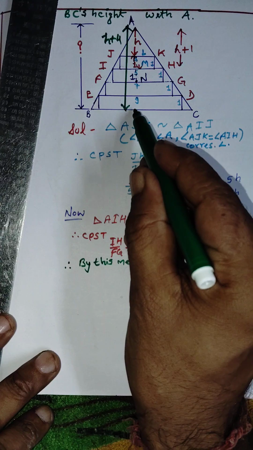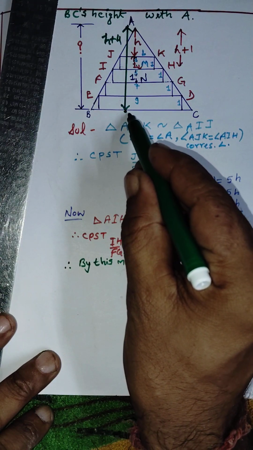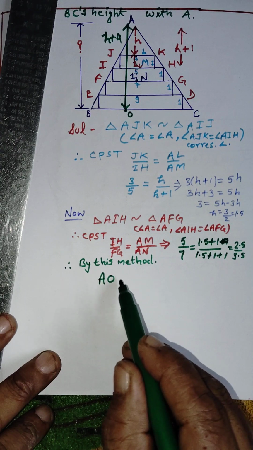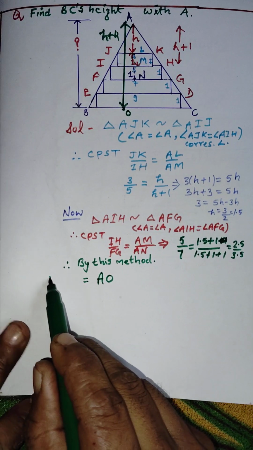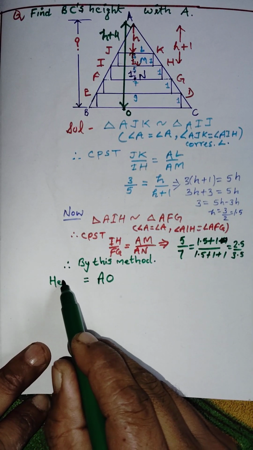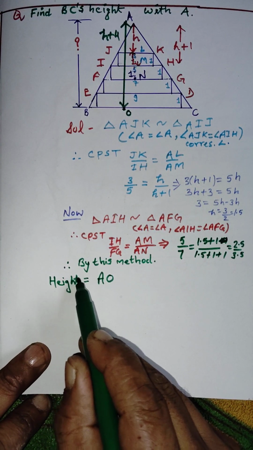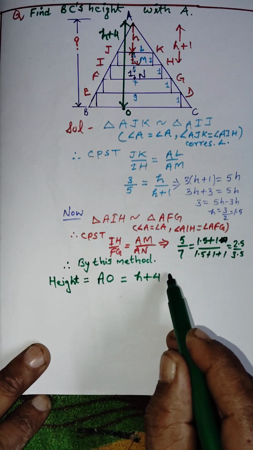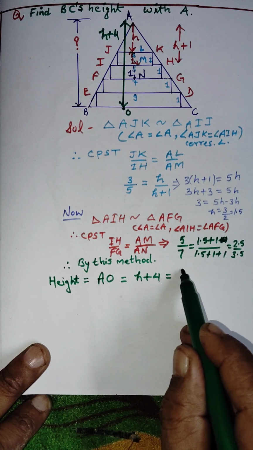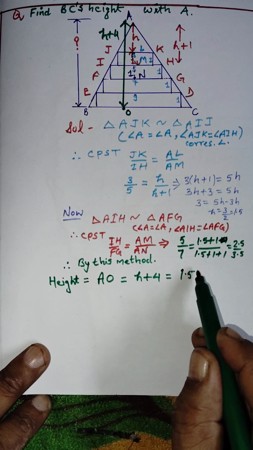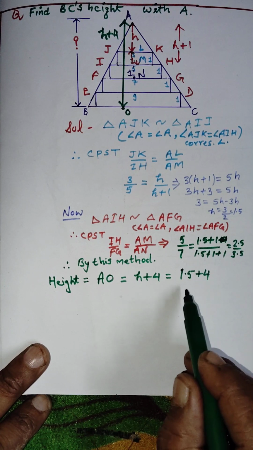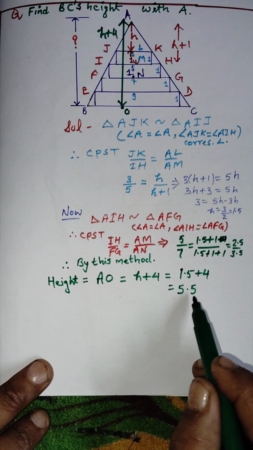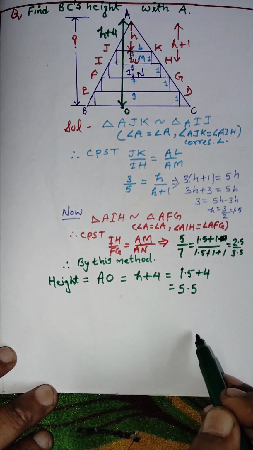Suppose the last point is O. So AO, the altitude from A, will be equal to H plus 4, and H here is 1.5, so adding 4 gives us 5.5. So this is the answer.